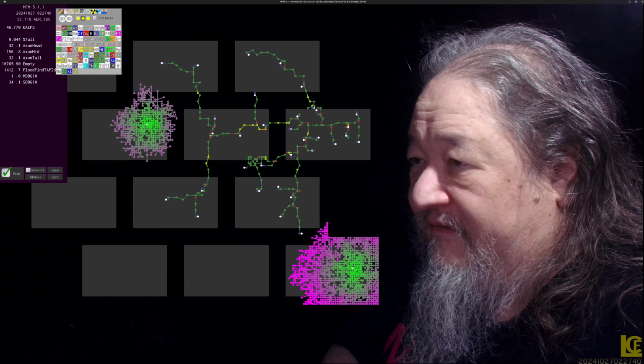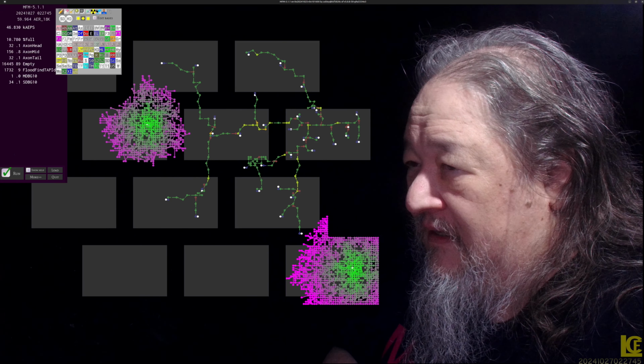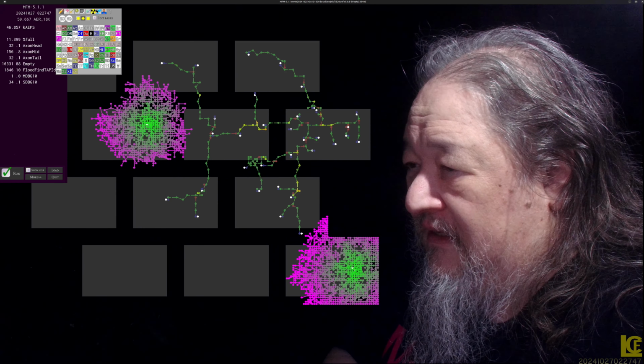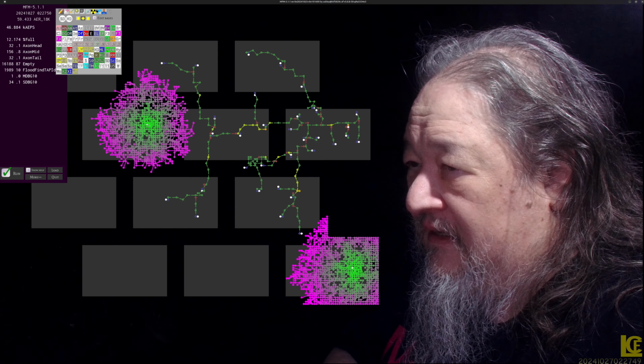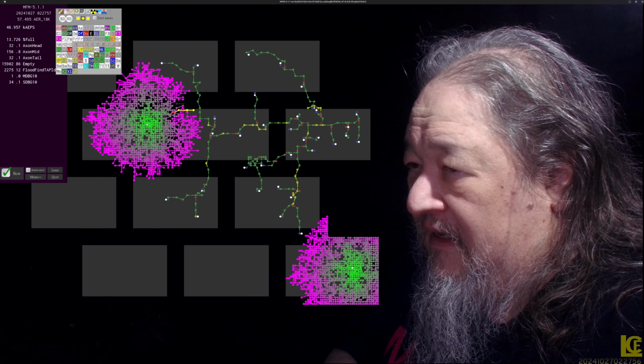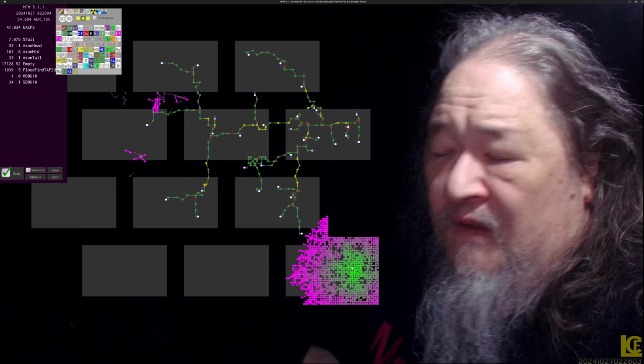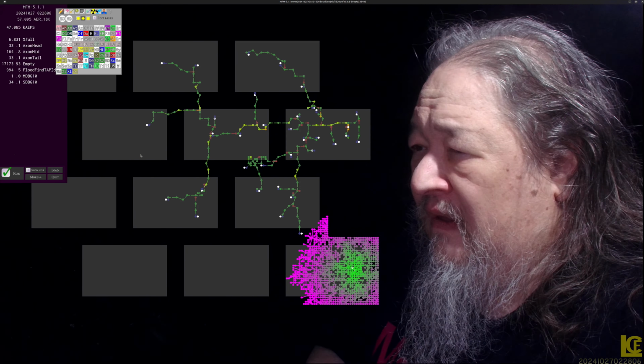Again, looks like it might be getting fairly close. And it looks like not.